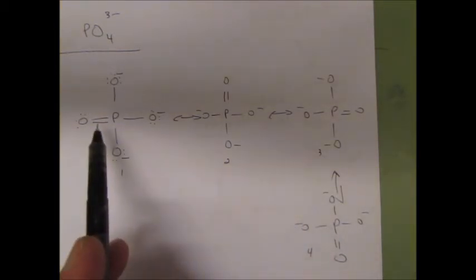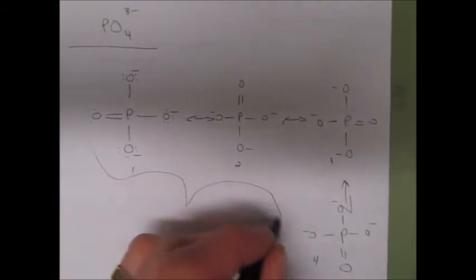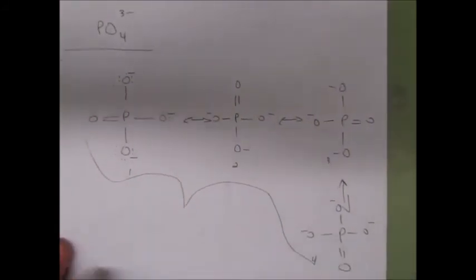So we have 1, 2, 3, 4 equivalent Lewis type structures. And what we're really looking at is which one of the oxygens gets the double bond. They each could take a turn at getting it. And all of these equally contribute to what is going to be the resonant hybrid.